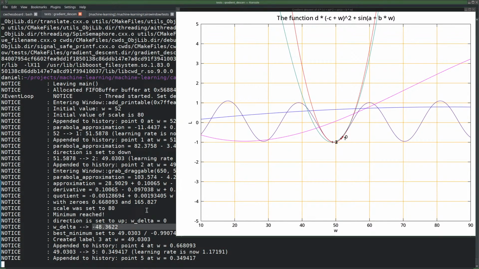That's why everything goes wrong there, I think. Grid label 3 at 49.03, so 3 is set, okay. Because we found a minimum, it's duplicating the point that is closest from the whole history, that is closest to the new point.